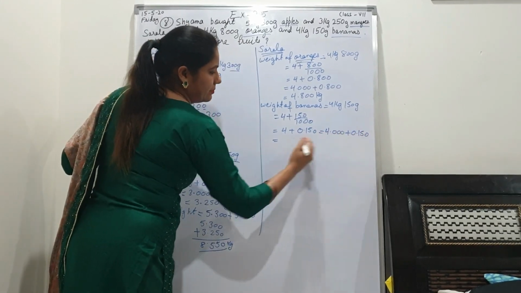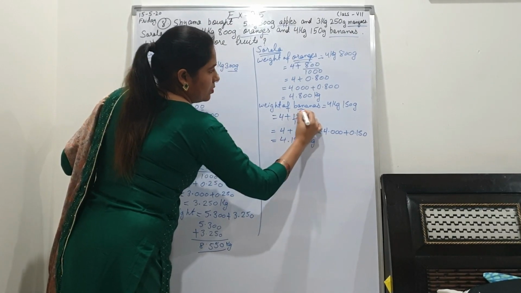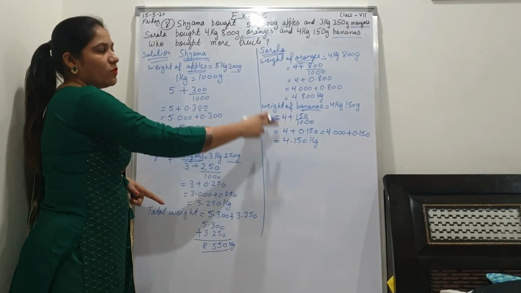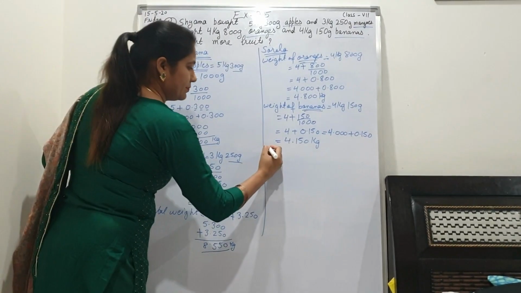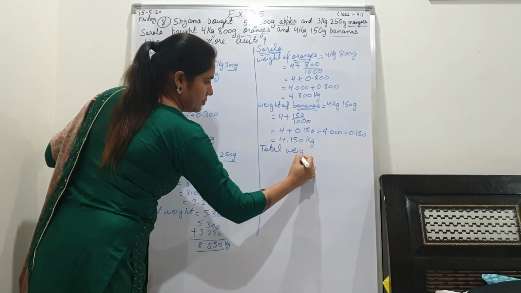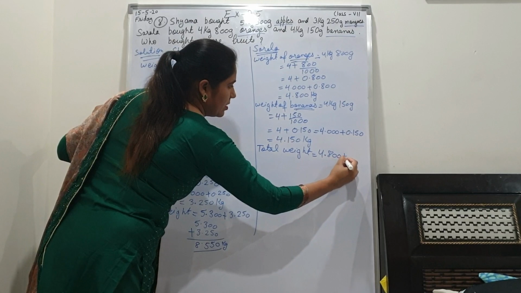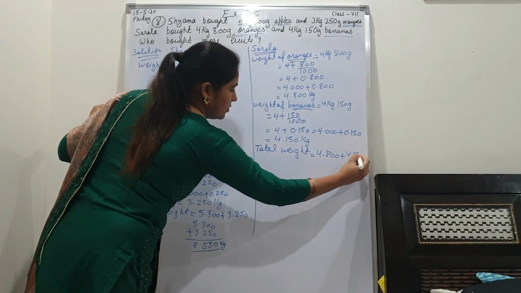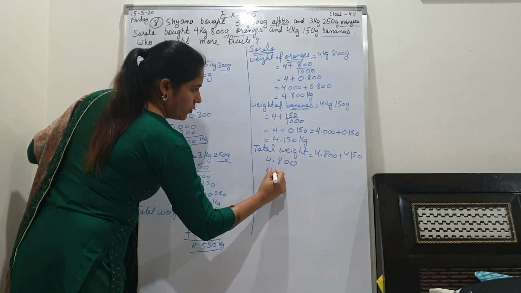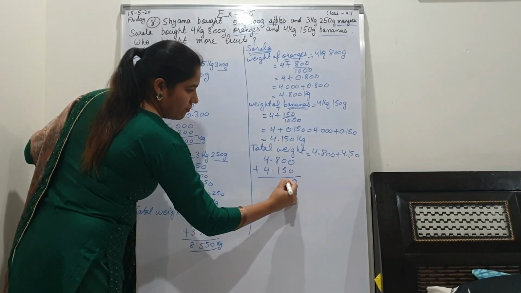Then add them. So this is the weight of bananas. We have to find the total weight, so we will add them. 4.800 plus 4.150, which gives 8.950.